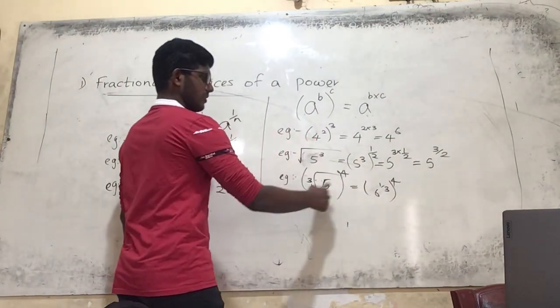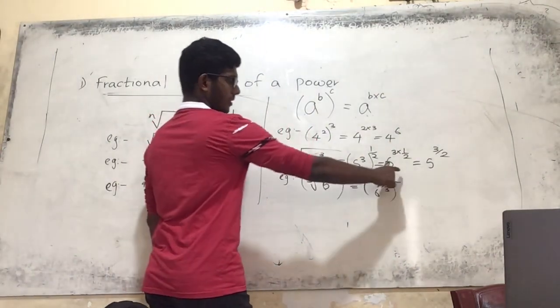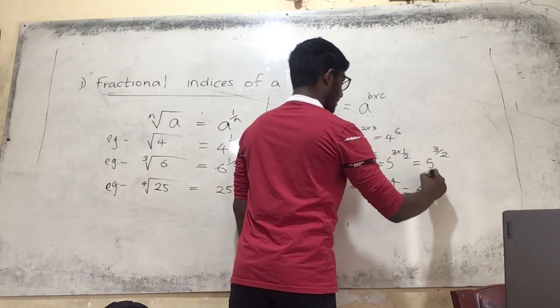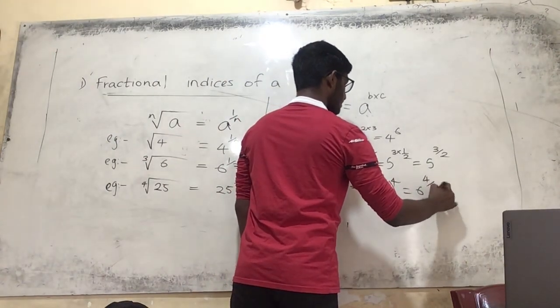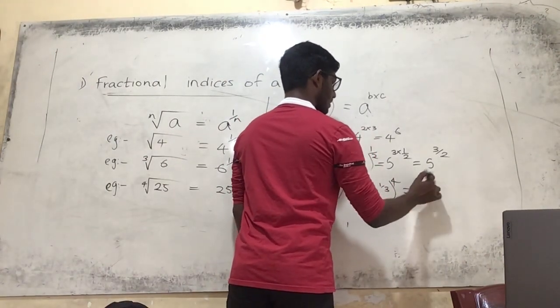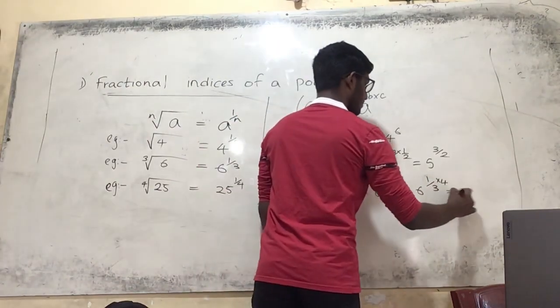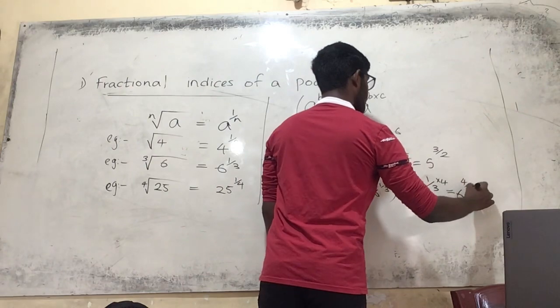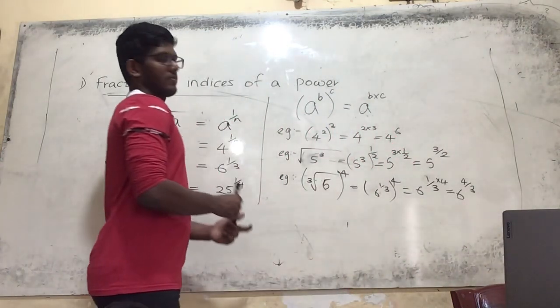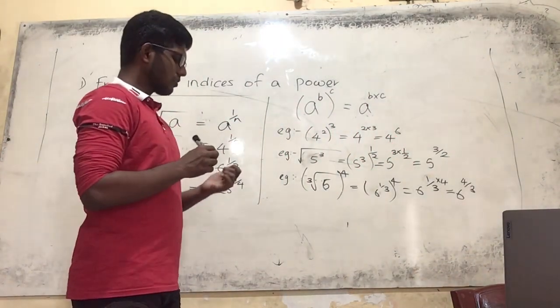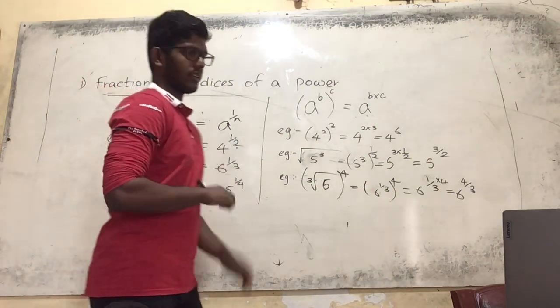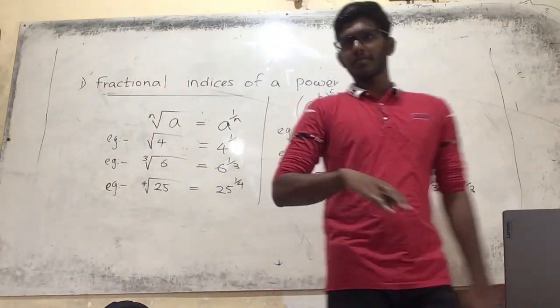This one is 6 to the power 1/3. So in the next step you can write 1/3 into the power. So these two formulas you have to keep in mind in fractional indices of power.